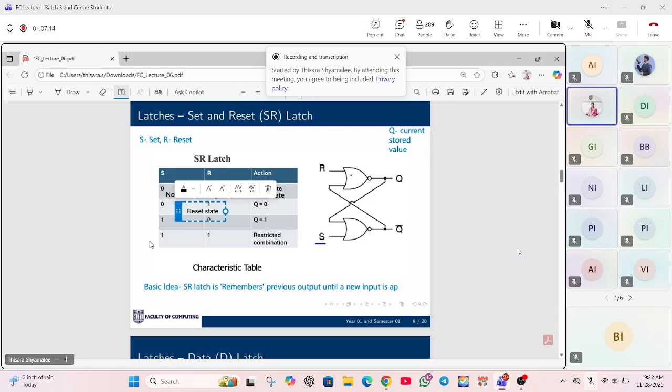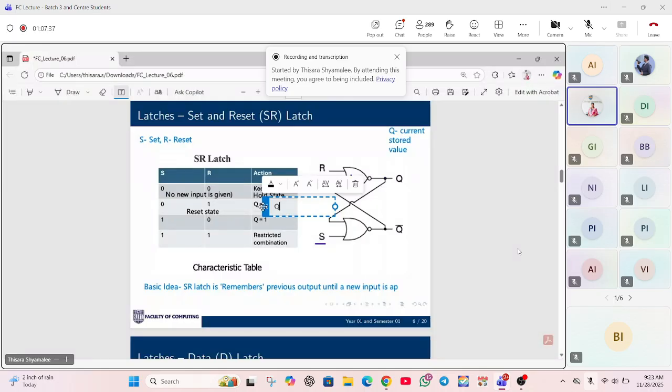Always, if the latch is in the reset state, it generates Q equals 0 and Q bar is 1. Q bar is always the complement.